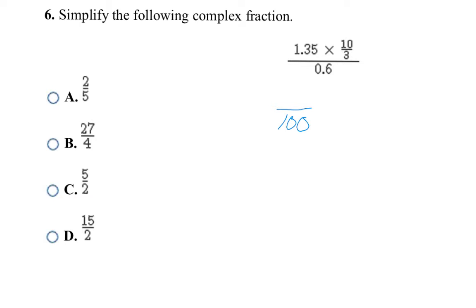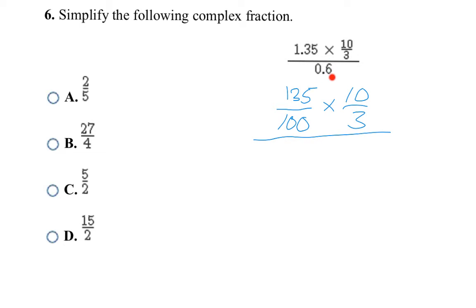And then my second step is to take this entire number and drop the decimal and place it in the numerator. And I'm not going to reduce that right now, just to see how the problem goes, if I need to or not. And so I'm still going to have that times 10/3 all over, and then I have another decimal I have to do the same thing with.